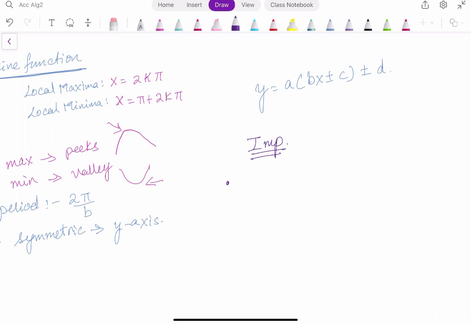But yes, it should be a times cos bx plus minus c plus minus d.